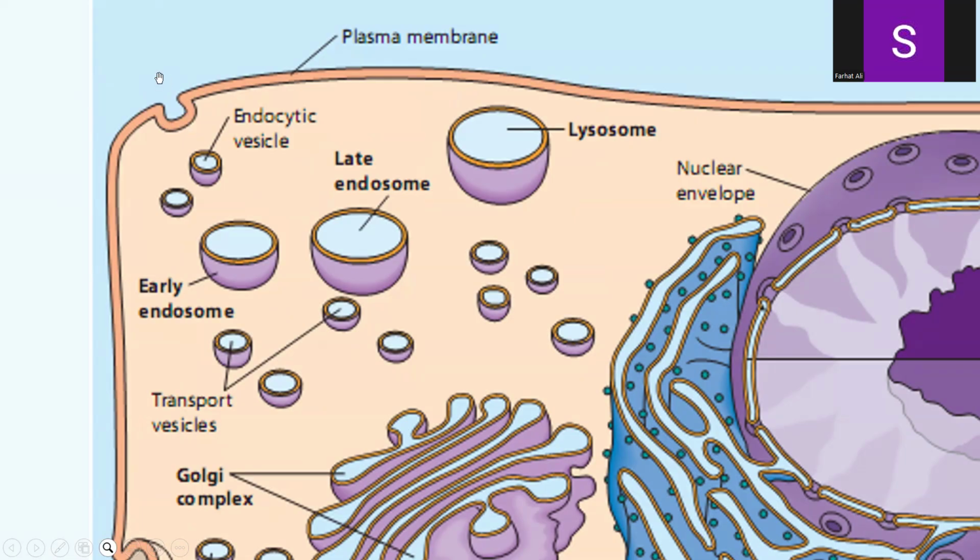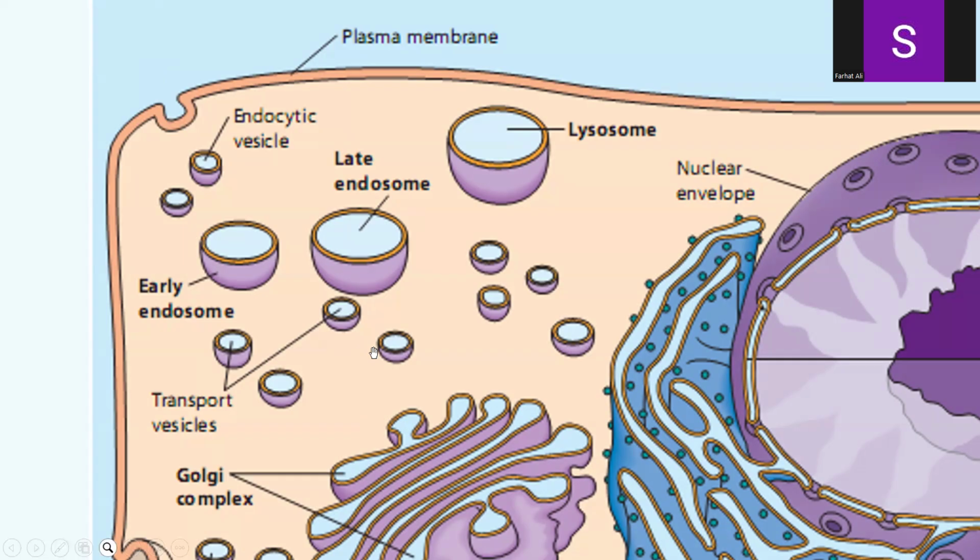So external material, it could be food material, small particles or aggregates, bacterial cells or other smaller cells, is engulfed by a cell. As it enters the cell through endocytosis, it is wrapped by a small portion of the plasma membrane of the cell. This is called an endocytic vesicle. The endocytic vesicle then develops into an endosome.